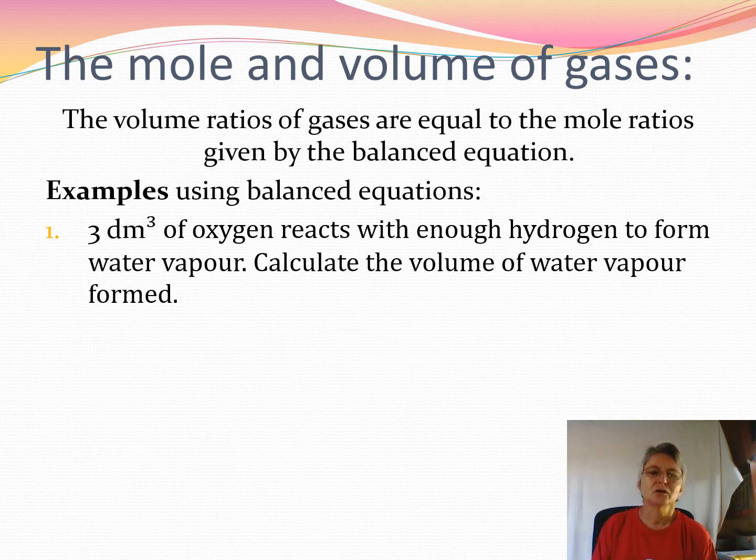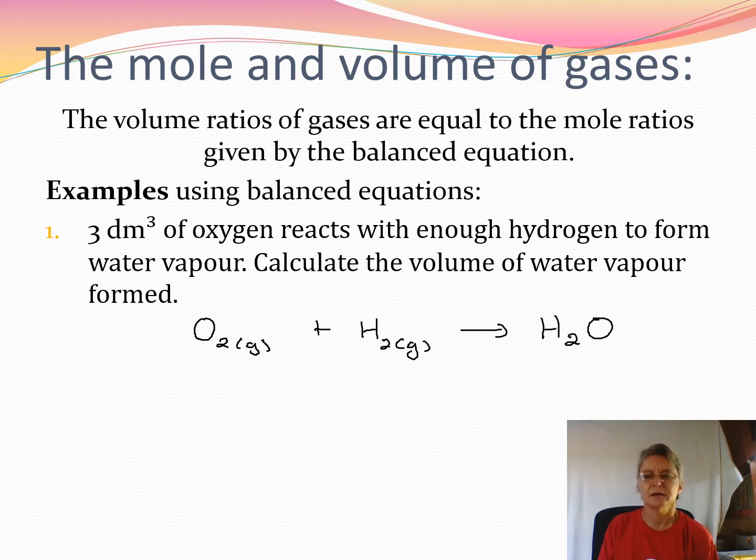I've got 3 cubic decimeters of oxygen reacting with enough hydrogen to form water vapor. Calculate the volume of the water vapor. Let's look at the balanced equation. Oxygen is a gas plus hydrogen, a gas, forming water vapor, a gas.